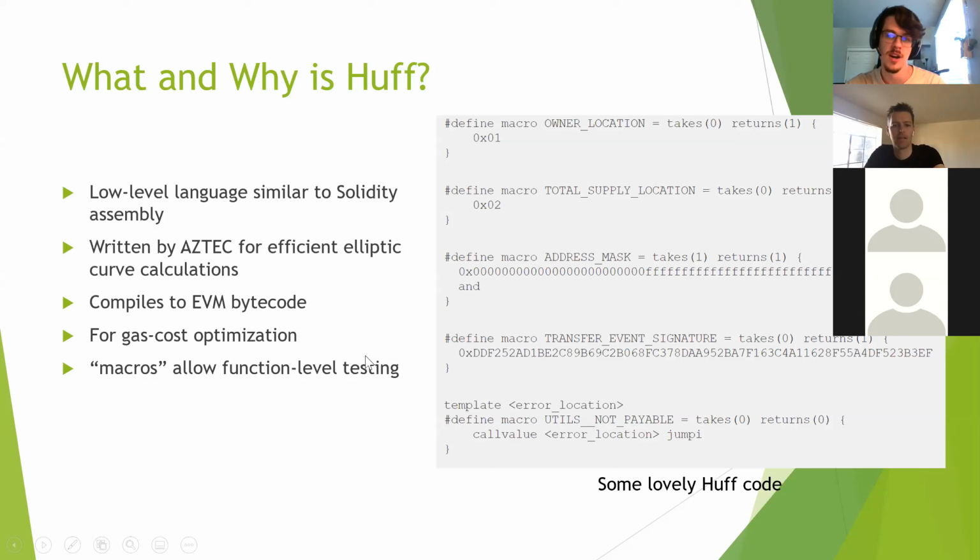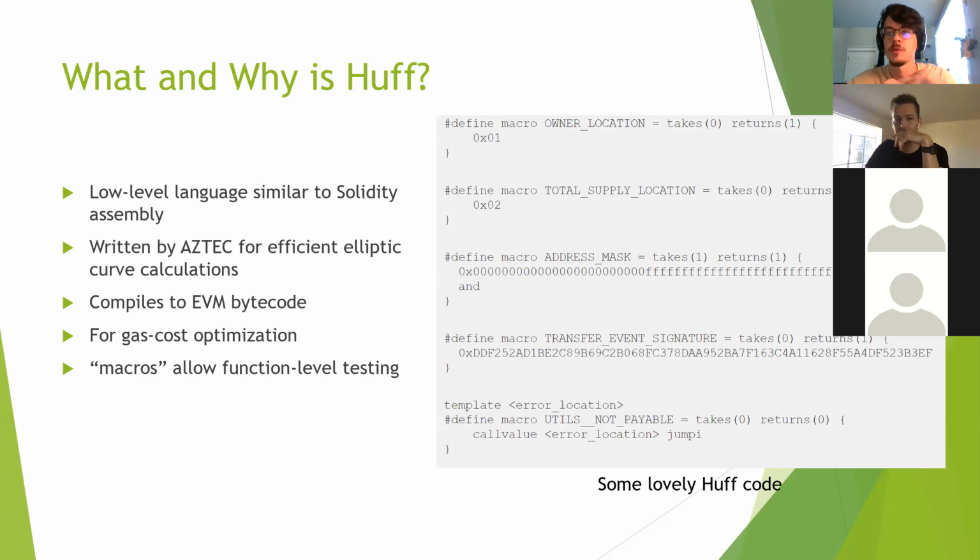It exists for gas cost optimization, and the main difference between just writing your code in Huff versus writing it in assembly or opcodes is that it uses macros, and those macros allow for unit testing of what are effectively functions.